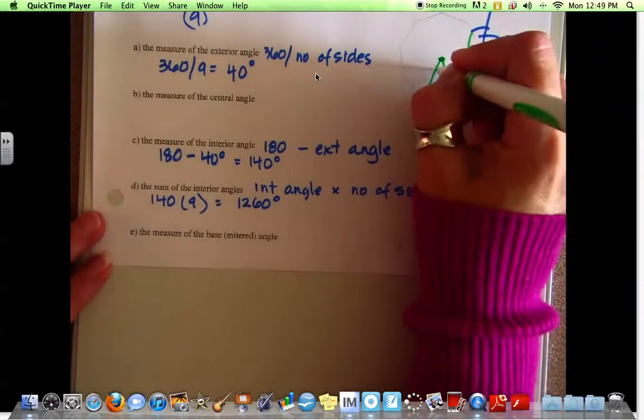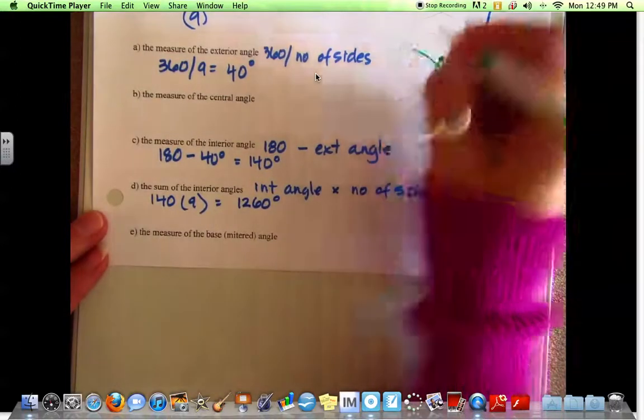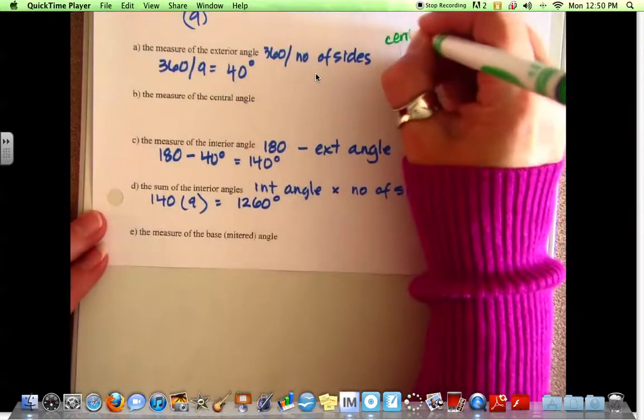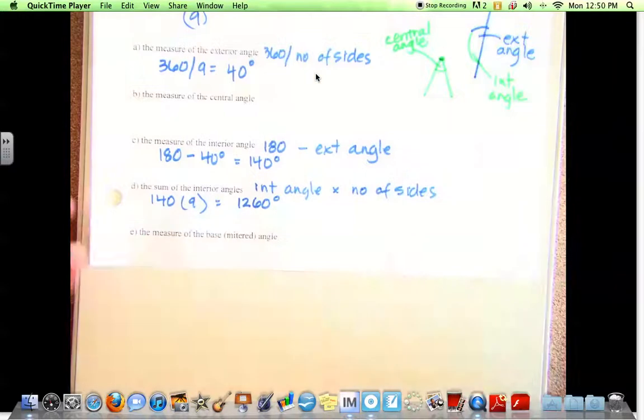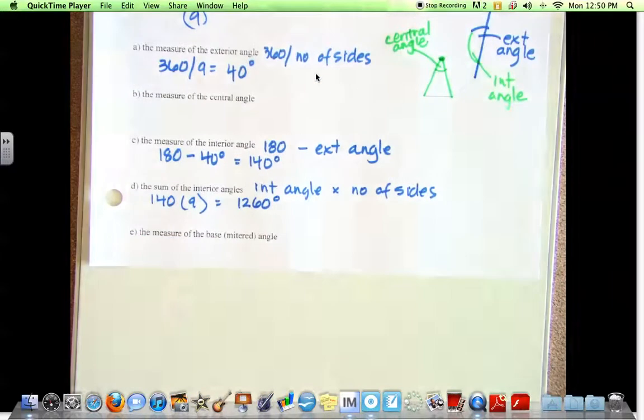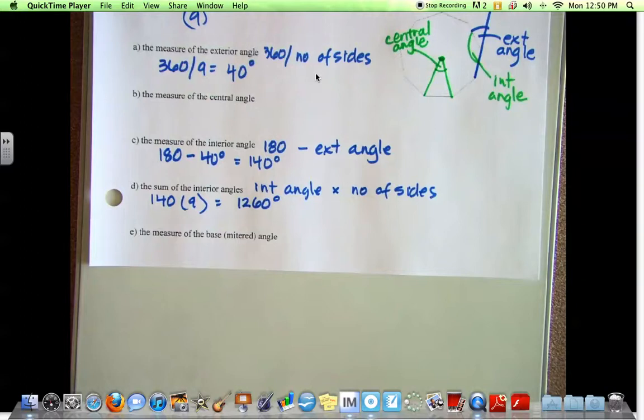So at the top of this triangle, we have what we call a central angle. Why do you think it's called the central angle? It's in the center. How many central angles do we have? We have 9, because we can break it up into 9 triangles.